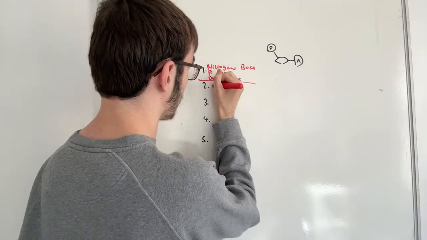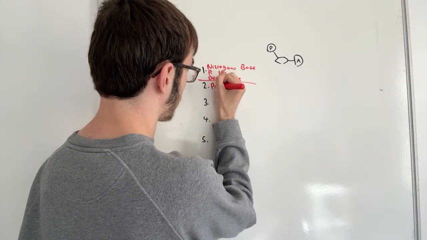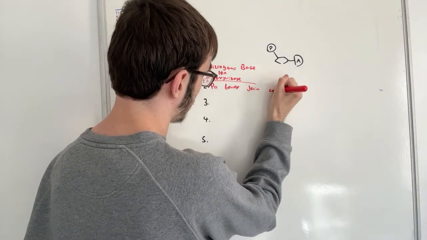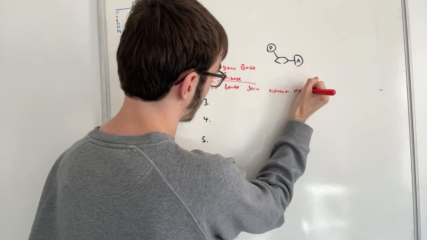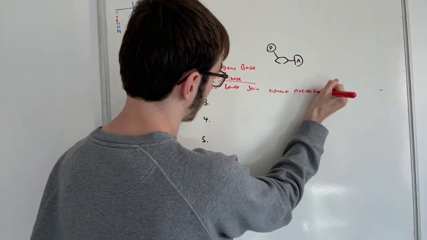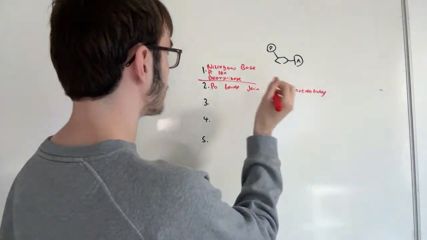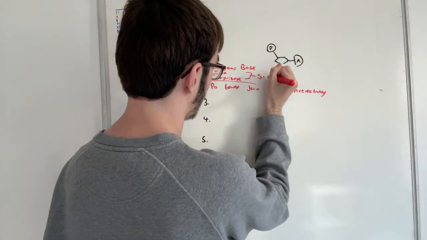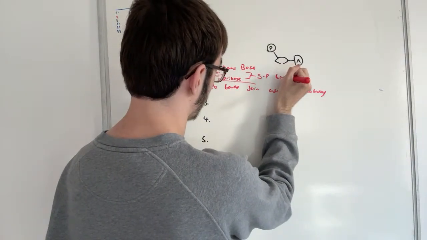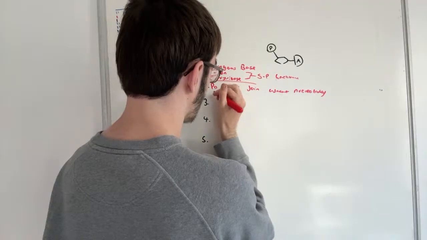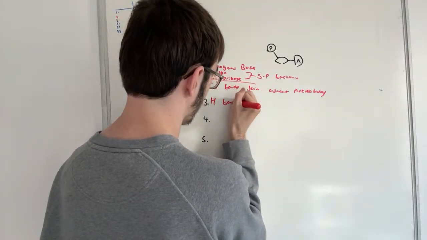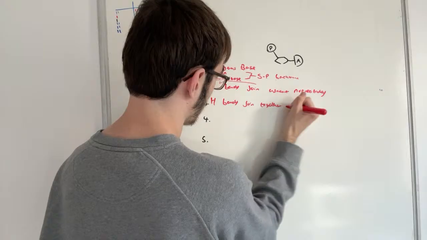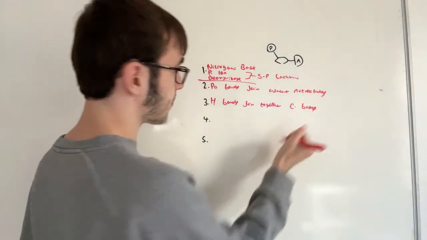Next we'll talk about the bonding. We'll say phosphodiester bonds join adjacent nucleotides, and this forms the sugar phosphate backbone. And we are going to say that hydrogen bonds join together complementary bases.